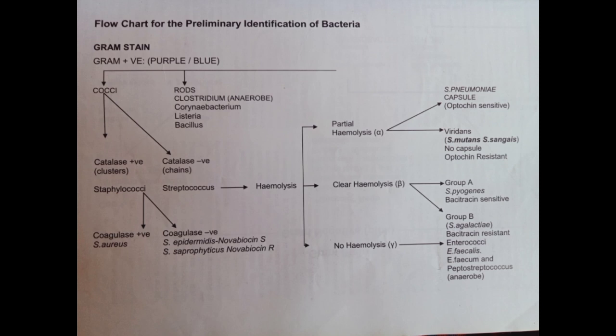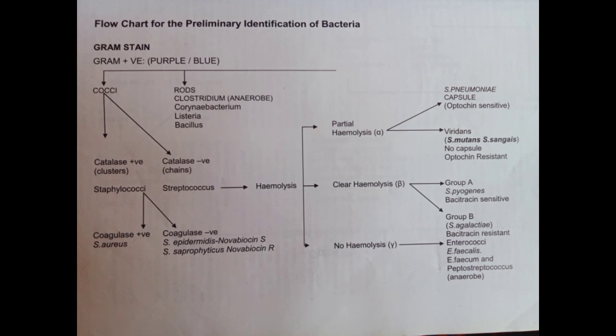Further, epidermidis and saprophyticus are differentiated on the basis of antibiotic sensitivity and resistance. Staphylococcus epidermidis is novobiocin sensitive. Novobiocin is an antibiotic. So epidermidis is sensitive to novobiocin, while saprophyticus is resistant to novobiocin.